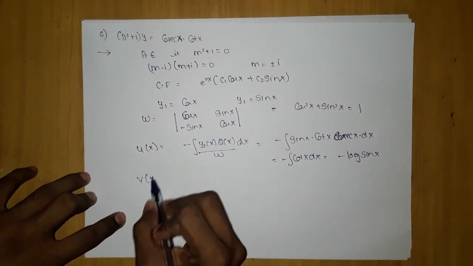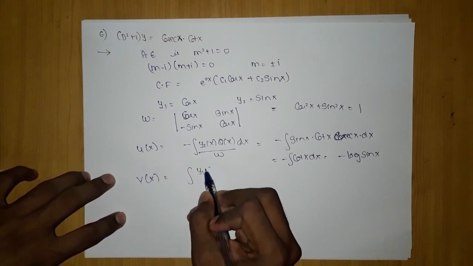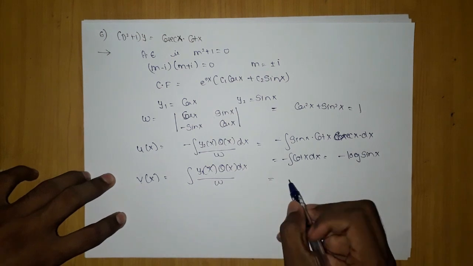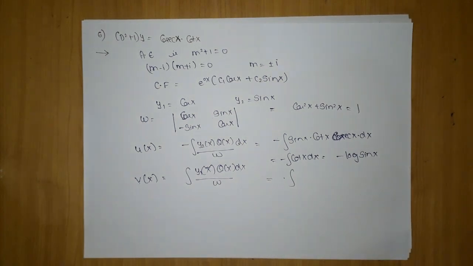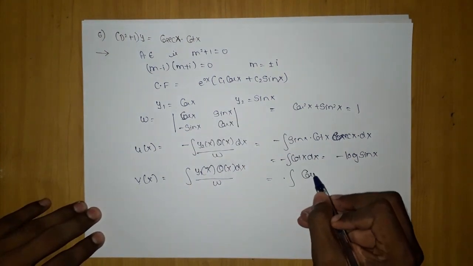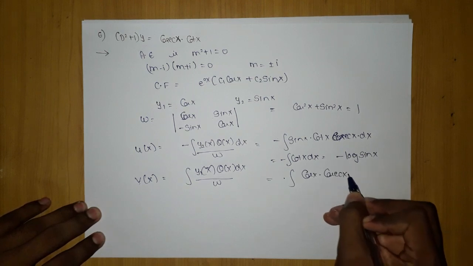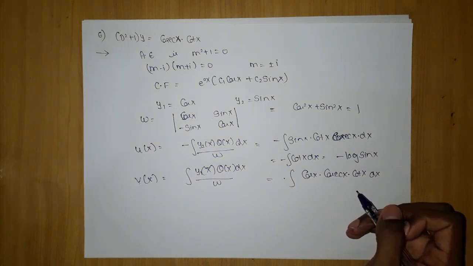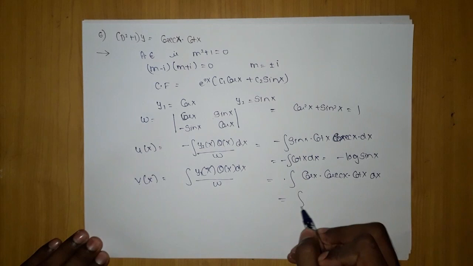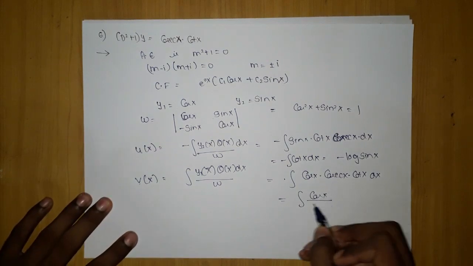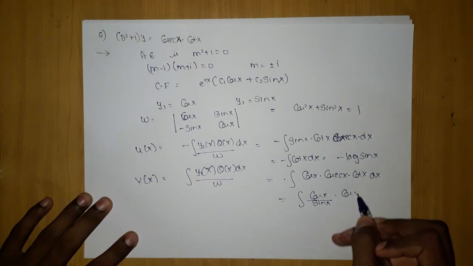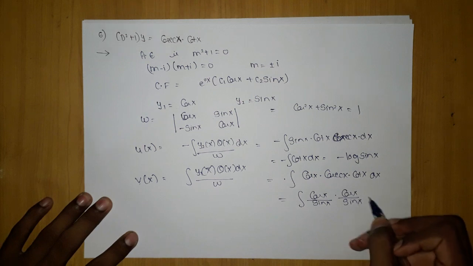Now let's try to get v of x, which is the integral of y1(x) into Q(x) dx by W. y1 is cos x, which will be multiplied with cosec x cot x dx. So it will be the integral of cos x by sin x times cos x by sin x dx.